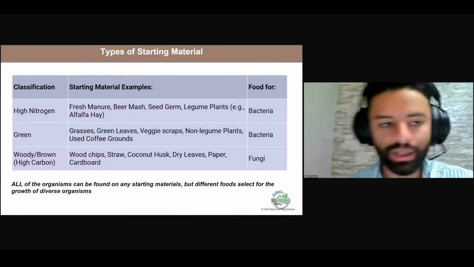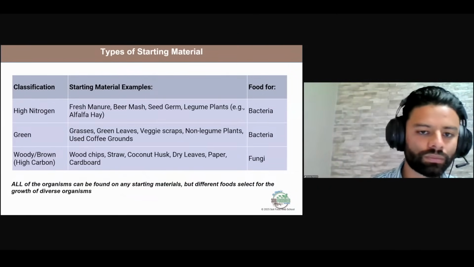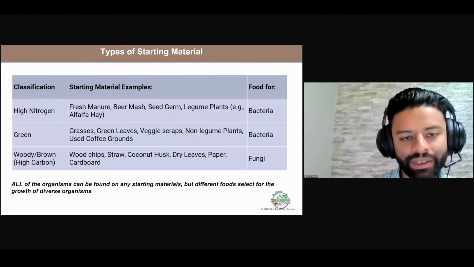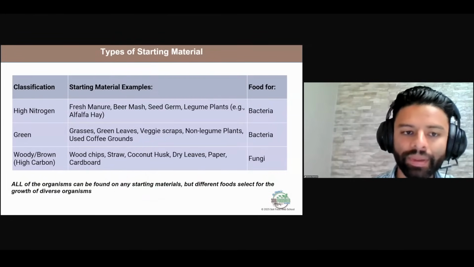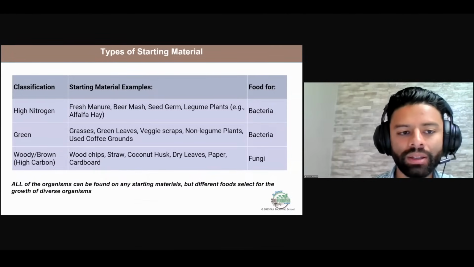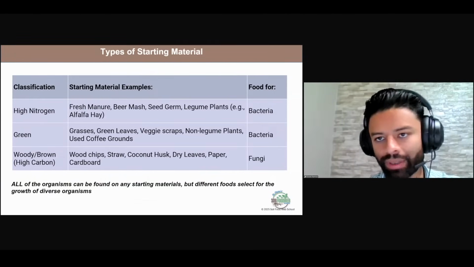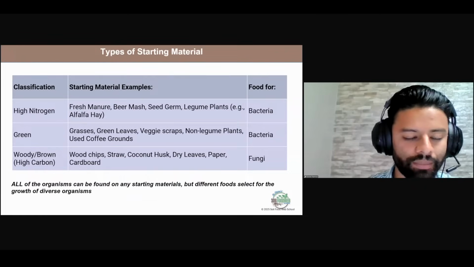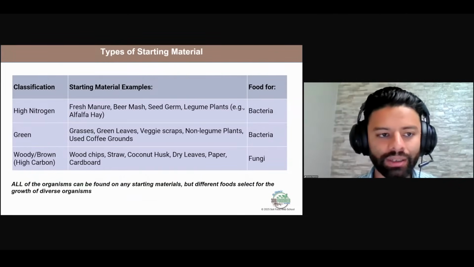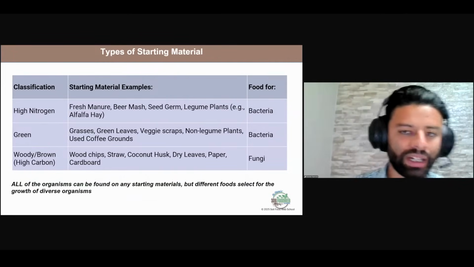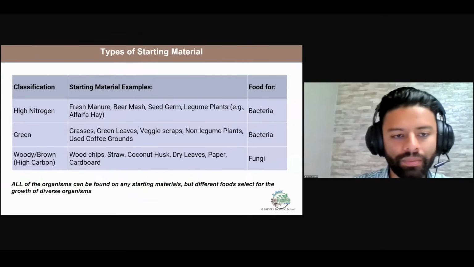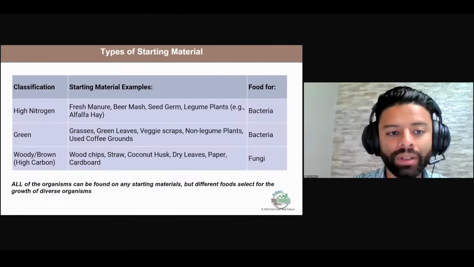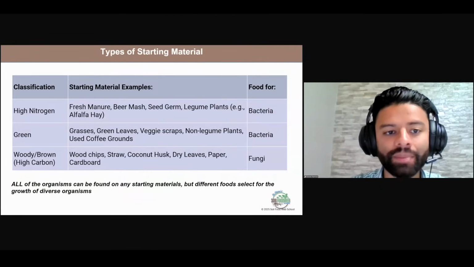Here we have a rough explanation of the different types of materials. In our courses, you get more in-depth understanding of all this. We will talk about each of the types in more detail. For example, high nitrogen. In high nitrogen materials, we have fresh manure, beer mash, which is very common in some places in the US, for example.